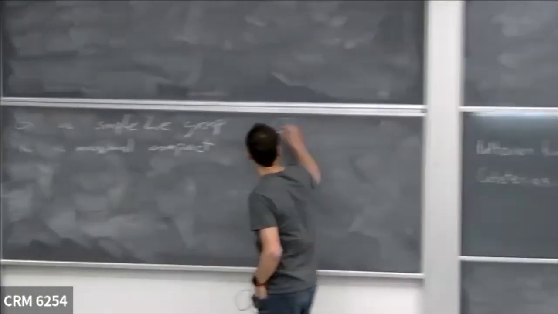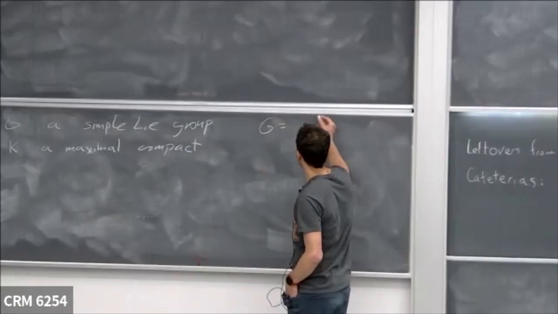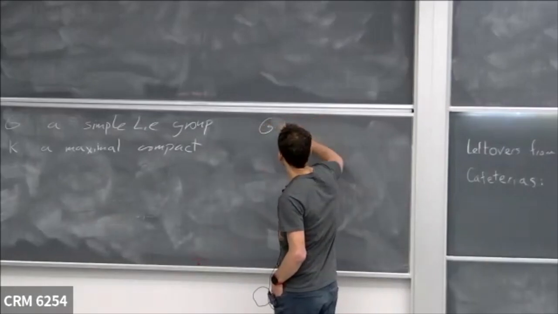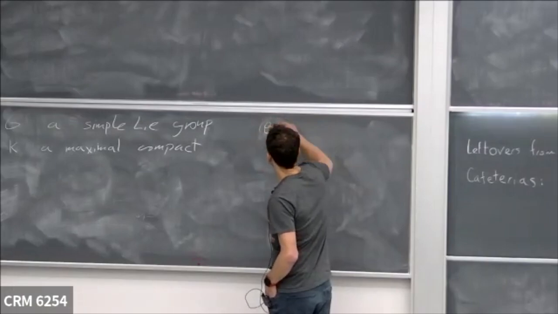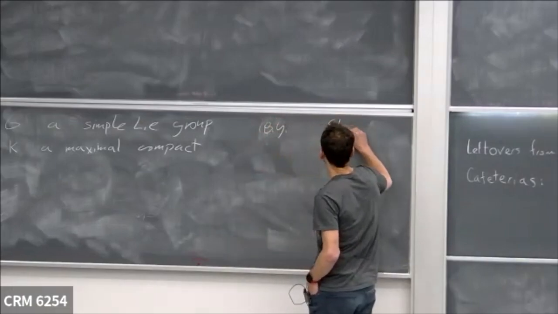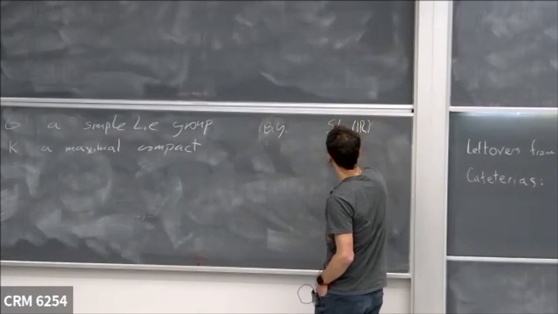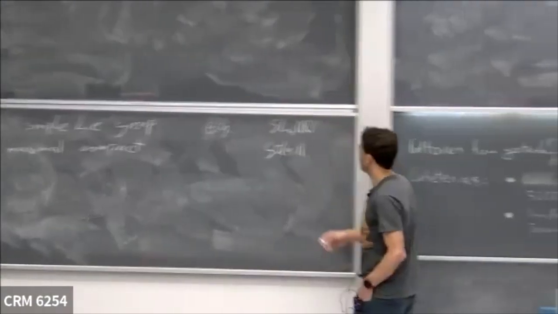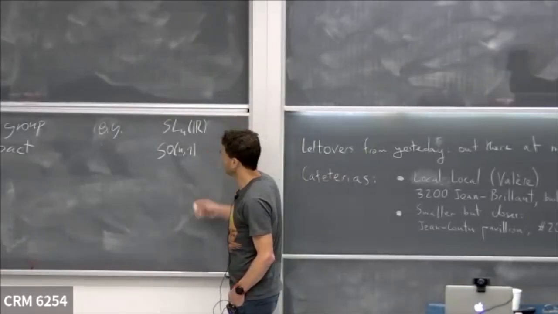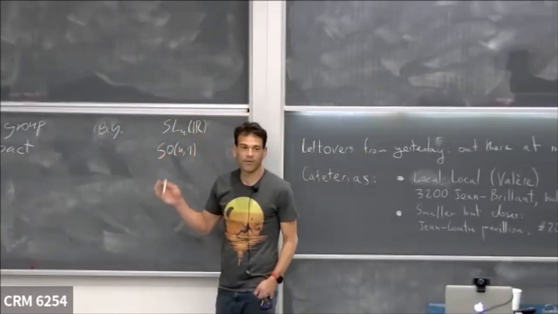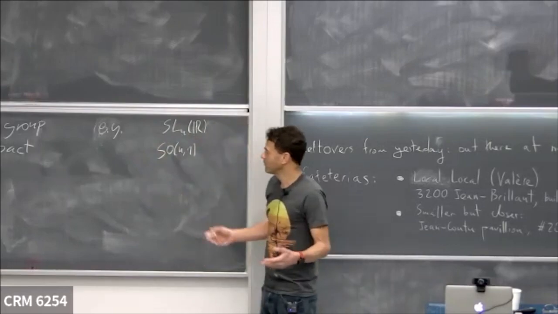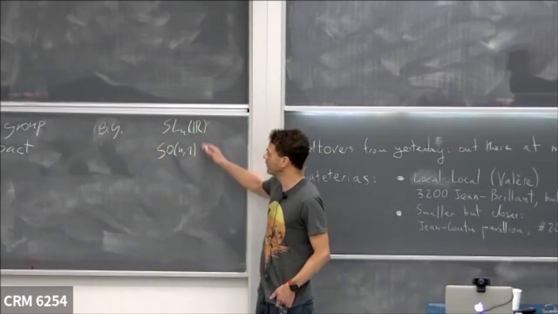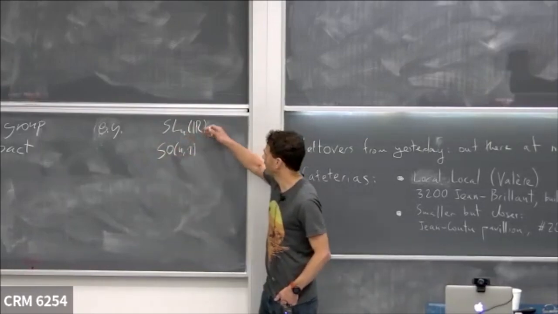The example to have in mind, I always like to think about two examples. One is SL_n(R), and the other is SO(n,1). So there are many more examples. Sometimes you want a specific Lie group, but these two represent, say, high rank.